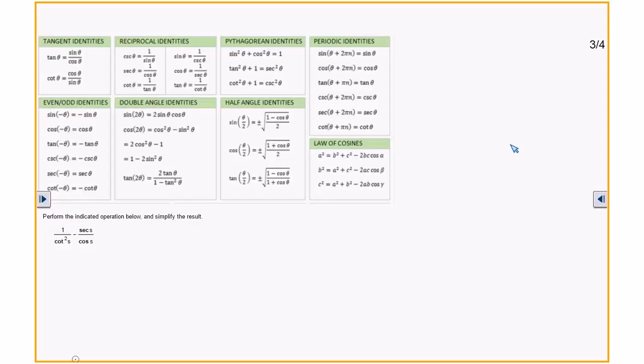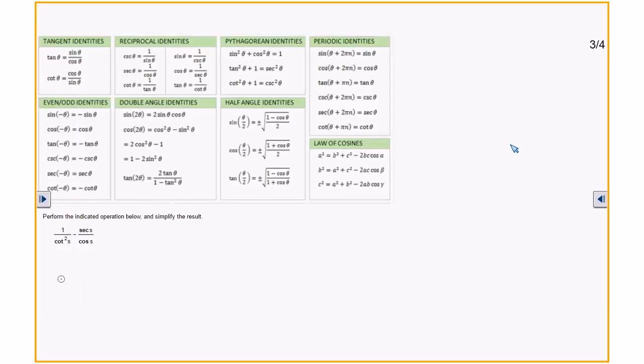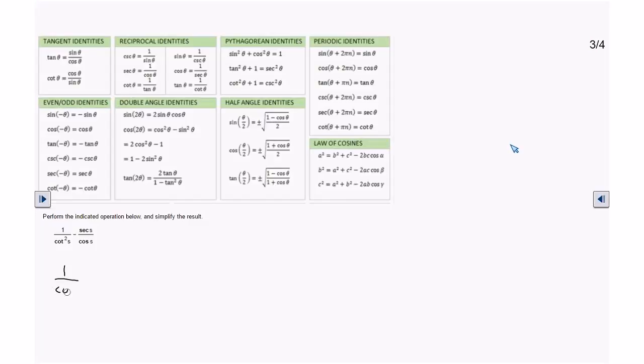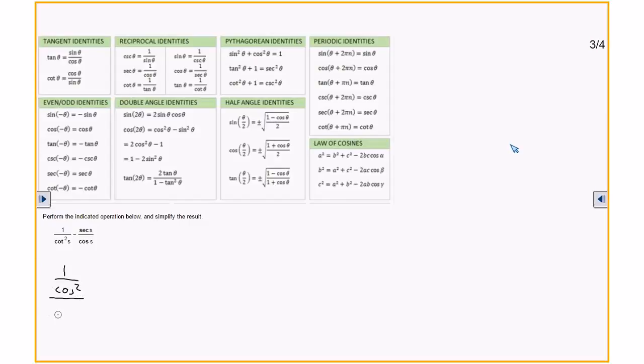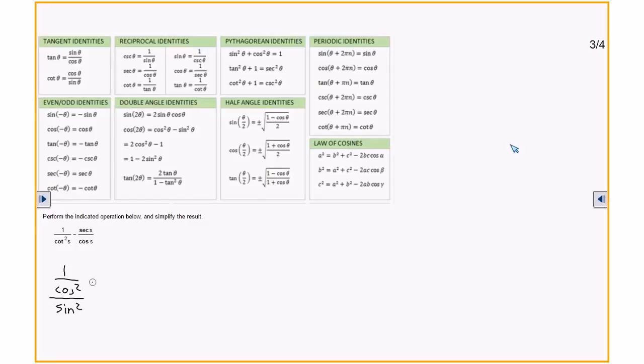All right, cosine squared, we know that cotangent squared is equal to 1 minus cosecant, or cosecant squared minus 1, or cosine squared over sine squared. I like that. So 1 over cosine squared over sine squared, minus secant over cosine squared.